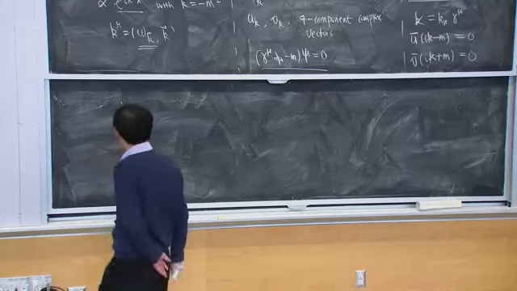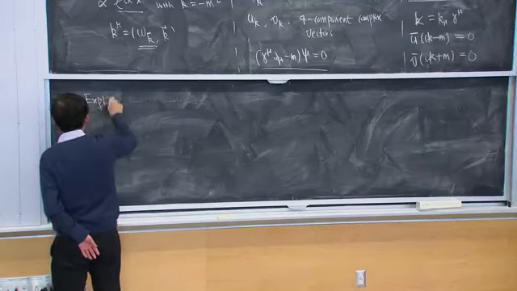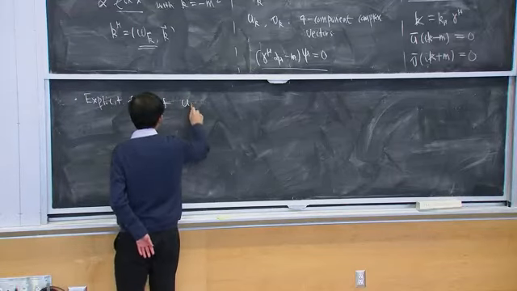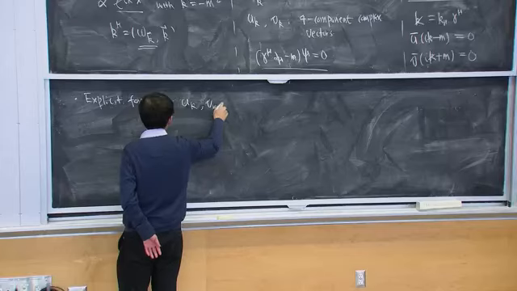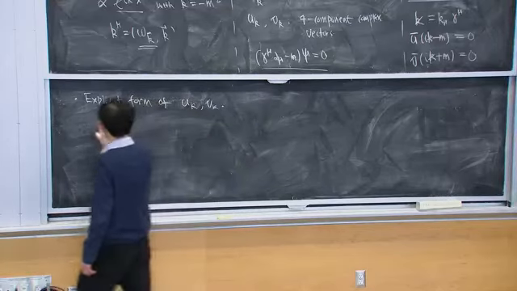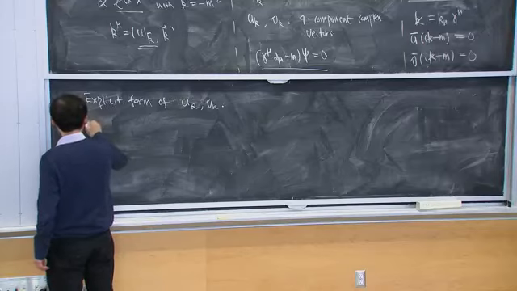So to find the explicit form of U and V, one simple thing to do is to consider the simple case where the particle is at rest.